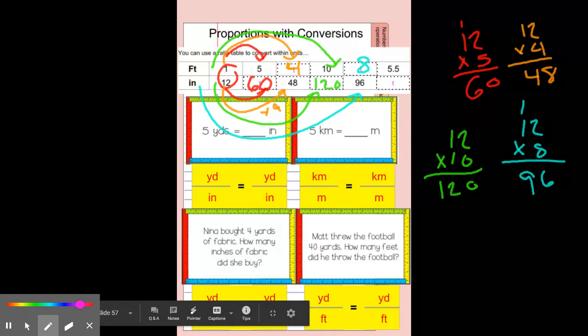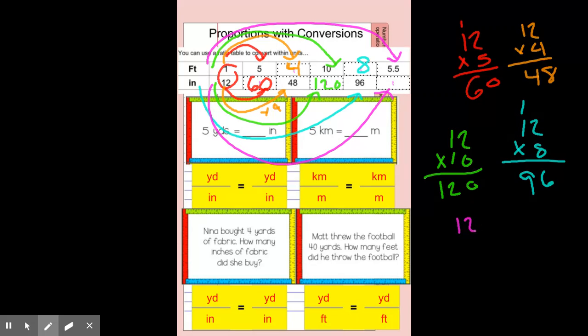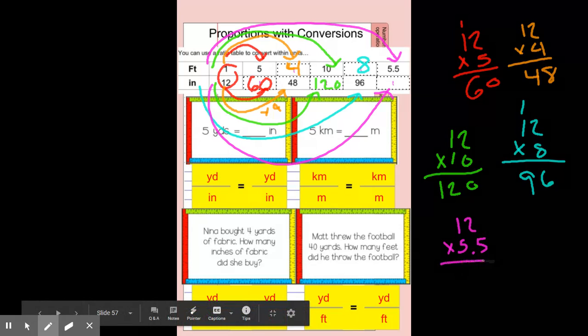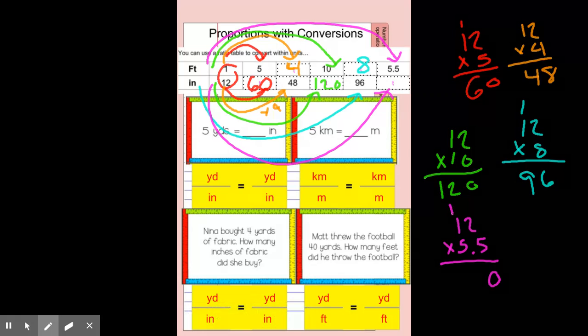Okay, and the last one up here is going from 1 foot to 5.5 feet. So on the bottom, we're going to do 12 times 5.5. So 5 times 2 is 10. 5 times 1 is 5, plus 1 is 6. And 0. 5 times 2 is 10 again.